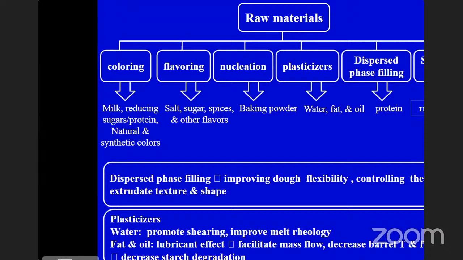We also have raising agents such as baking powder. It is used to provide a perfect aeration of the mass and help obtain the typical crispy and porous structure of extrudates. And we have also flavoring material, which could be added, such as sugar, salt, spices, and other flavors, just to improve and enhance the taste and the flavor of the final product.